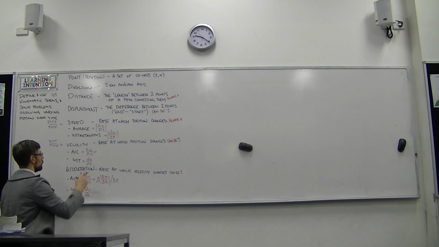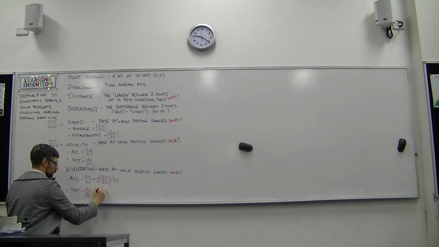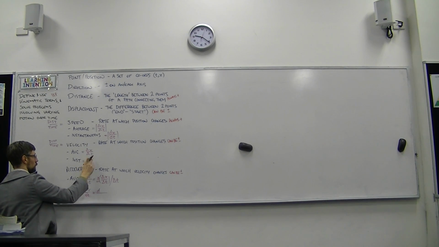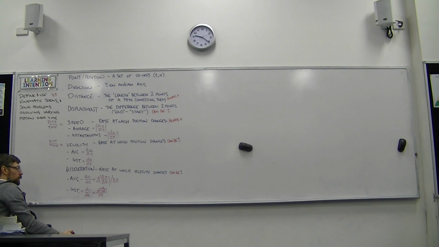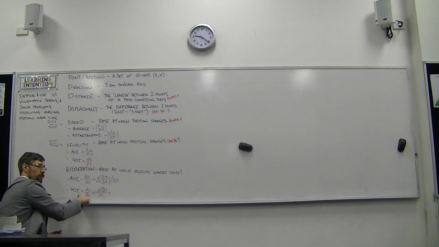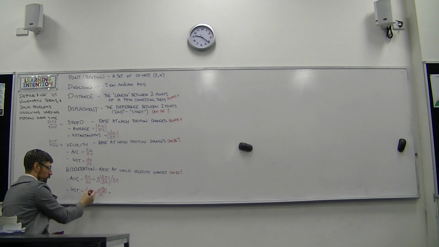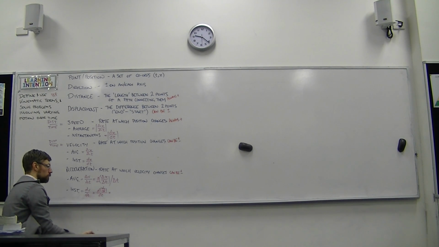From the same argument, we could say the derivative of velocity, which is dx/dt, over the derivative of time. Again, this is getting chunky. This notation very quickly turns into a lot of fractions.